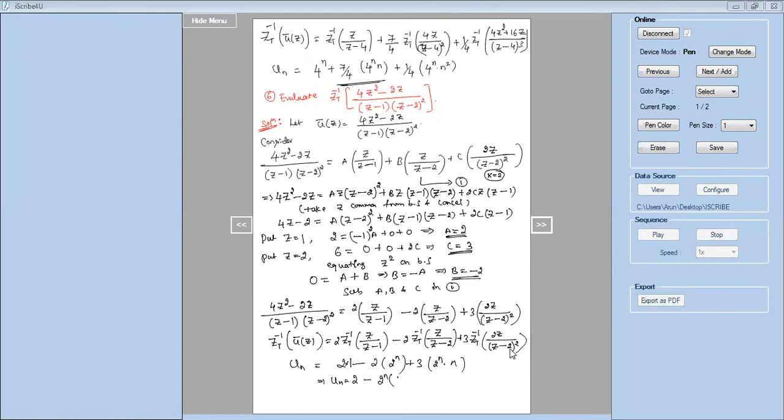So 2 will remain, and this plus becomes minus, and 3n. So 2 minus 3n. This is the inverse Z transformation of your question number 6.